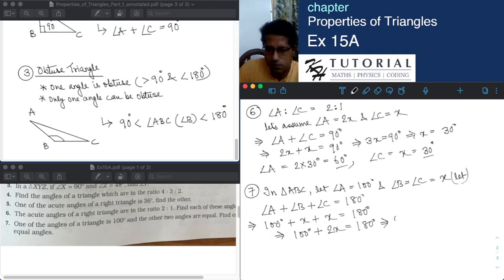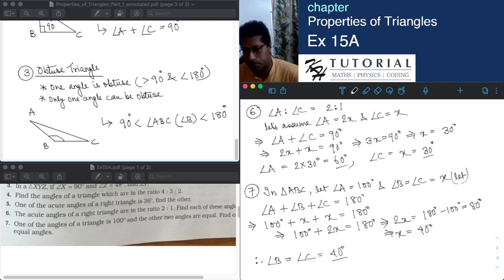This implies 2x equals 180 degrees minus 100 degrees, that is 80 degrees. This implies x equals 40 degrees. Therefore, angle B equals angle C equals 40 degrees. Okay.